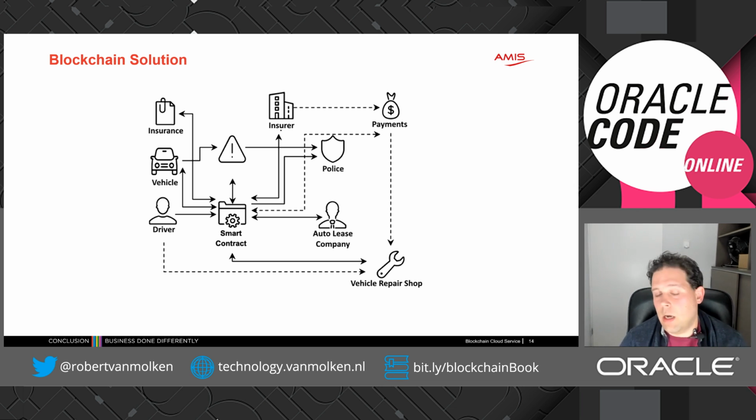So let's say I'm again in an accident, and the vehicle, the luxury car, has an IT sensor in it, and it can send a message directly to the smart contract to register an accident based on the location. The smart contract can act on that and store it directly into the blockchain. And once it's done that, it can send out an event that is received by the police or the auto lease company, and the interested participants.